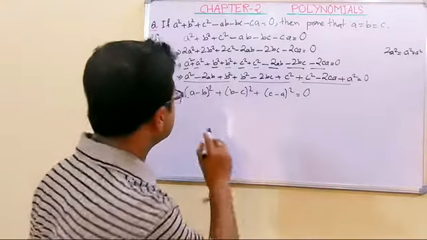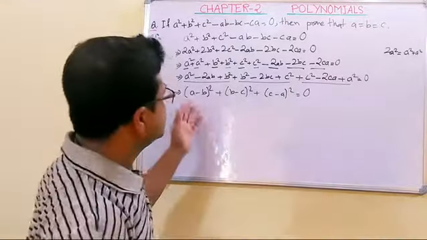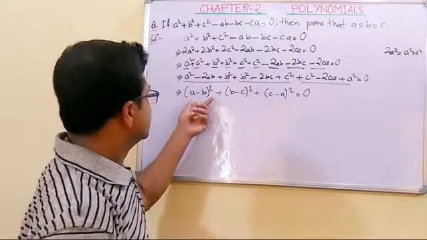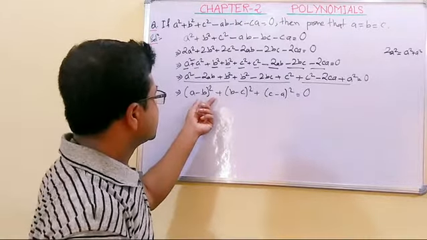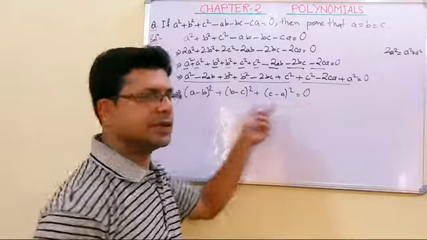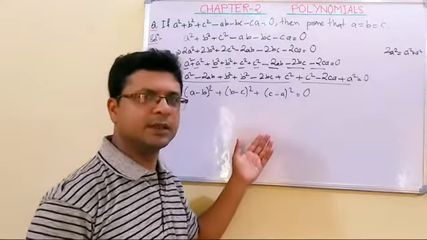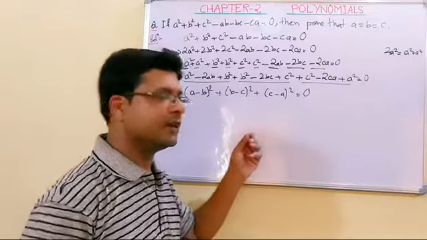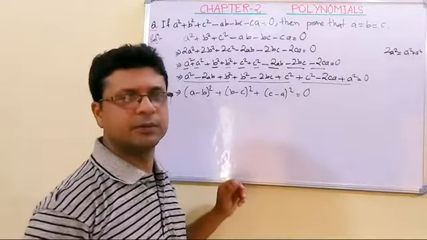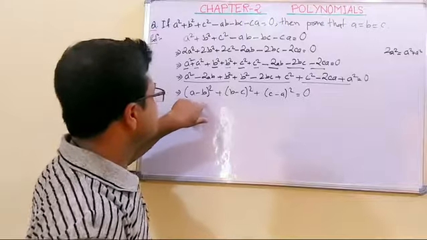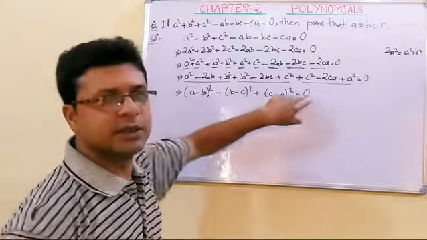Now if you look at this, what does it say? It says that the sum of squares is 0. There are 3 squares, and the sum of these 3 squares is 0. Is it possible? It is possible only if each term is 0. If you take any number, suppose 1 square, 2 square, 3 square, it is not 0.